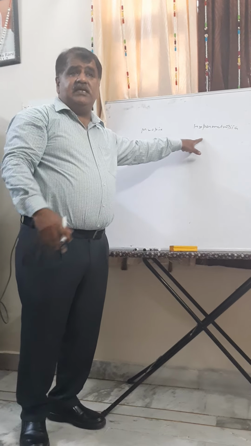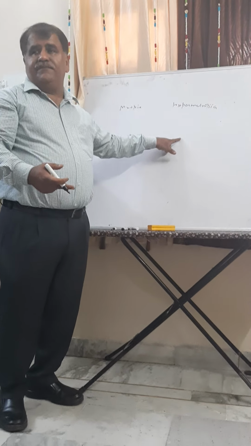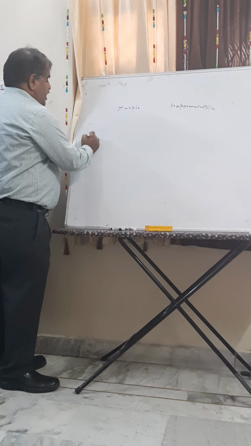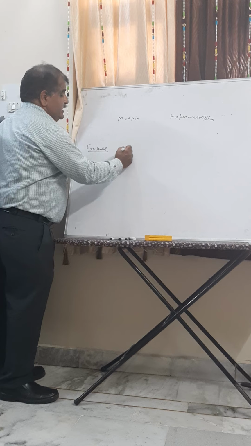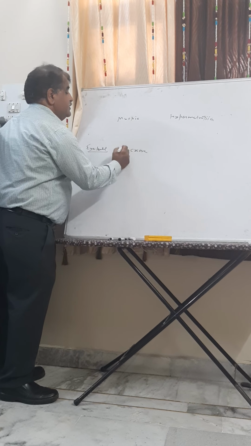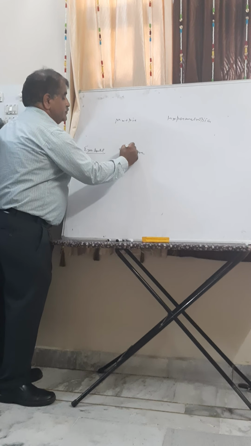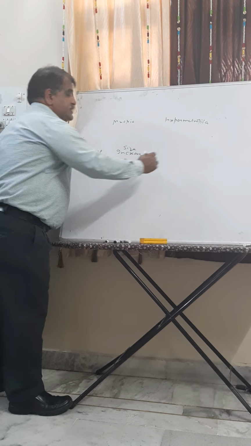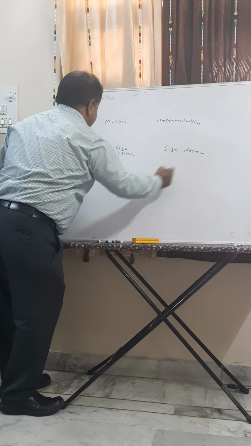Here in hypermetropia the person can see distant objects clearly but cannot see nearby objects clearly. Here in myopia the size of the eyeball increases. Here in hypermetropia the size decreases.